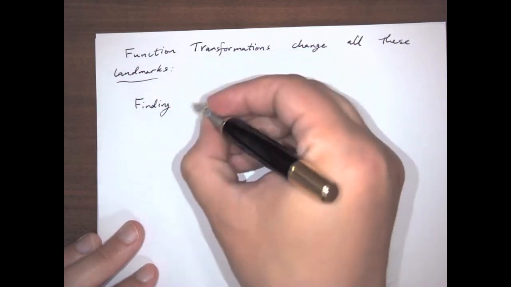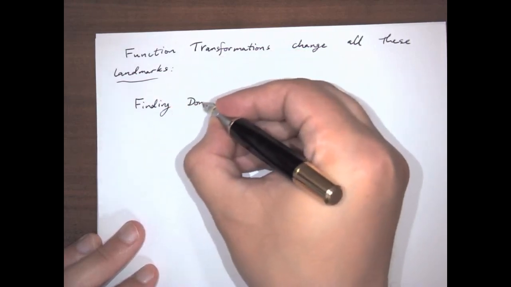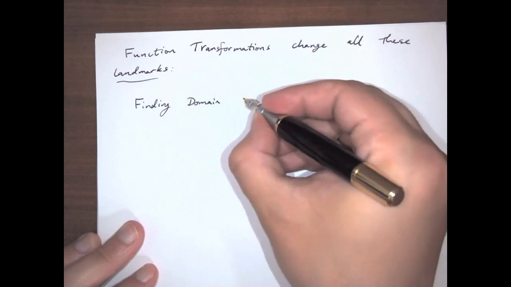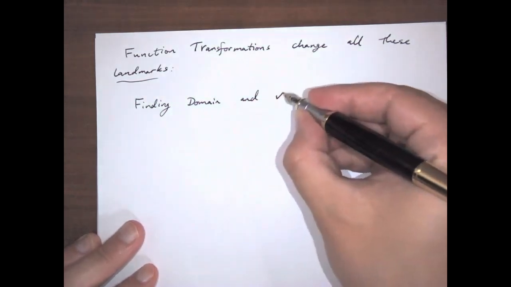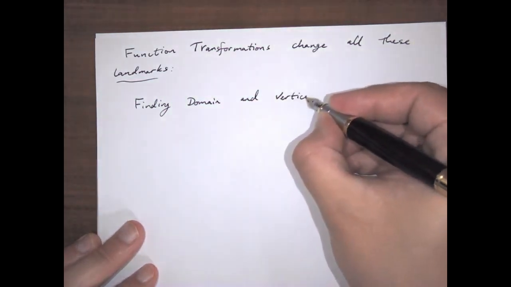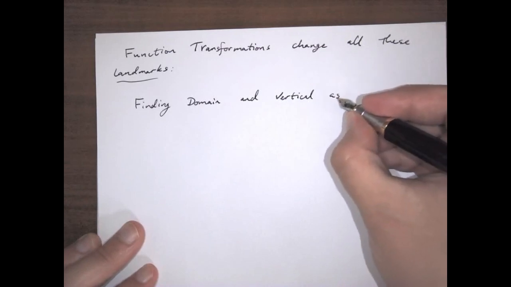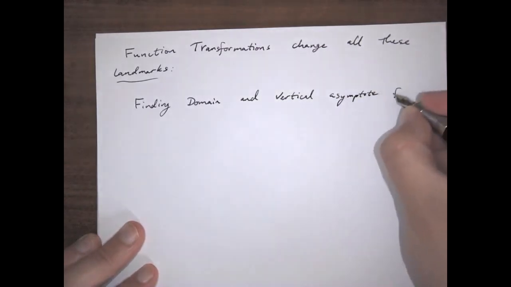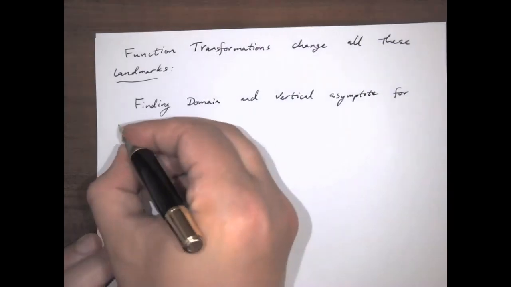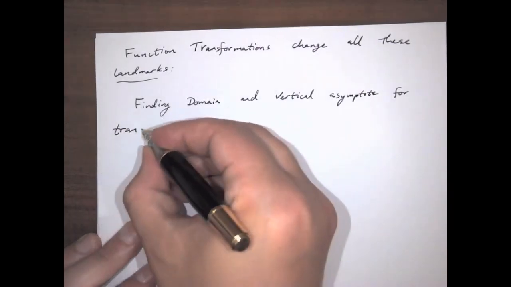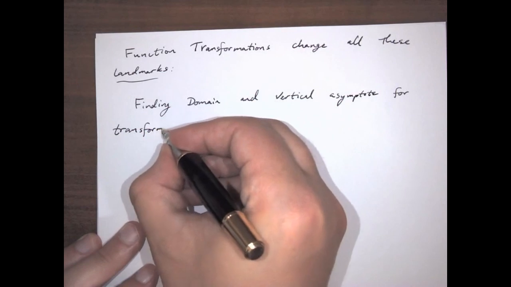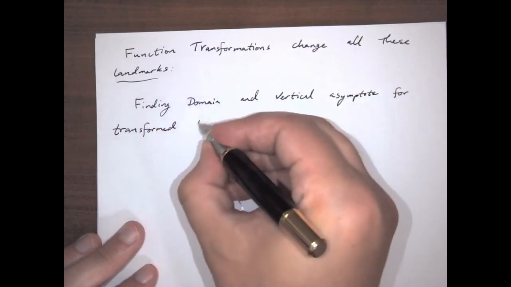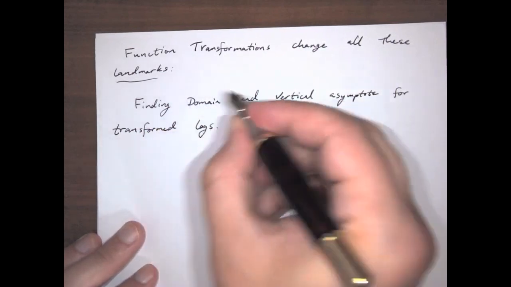So, finding domain and asymptote for transformed logarithms.